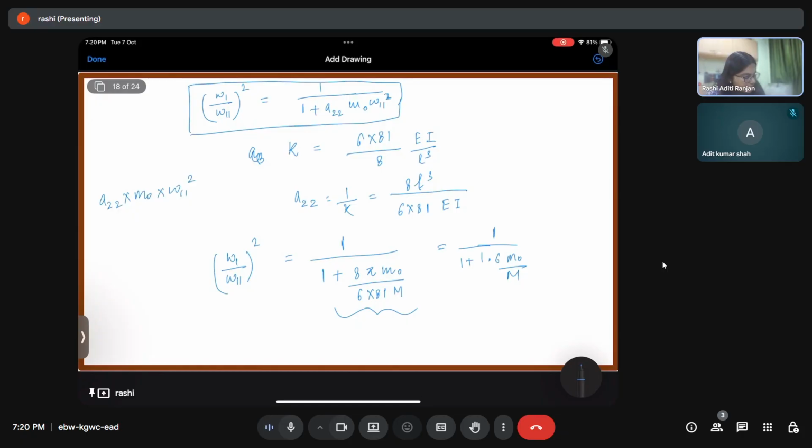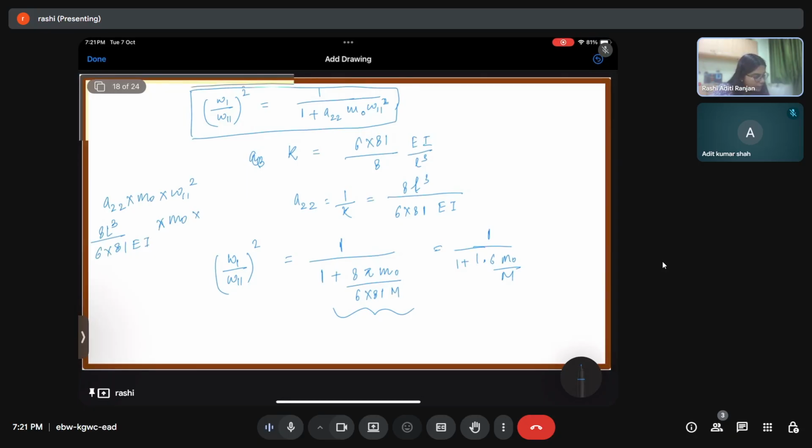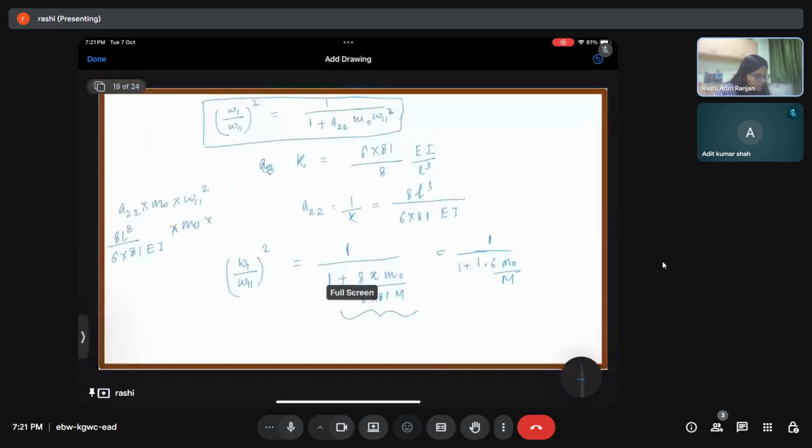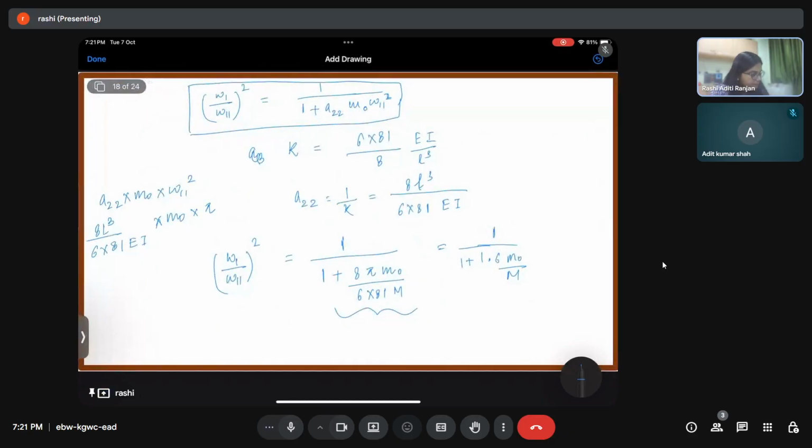So this is basically 8 L cube by 6 into 81 EI into m naught and into, we have this expression already, which is pi to the power 4 EI by M L cube. So this L cube will get cancelled, EI will get cancelled, and so finally we'll get 8 pi to the power 4 m naught by 6 into 81 capital M.